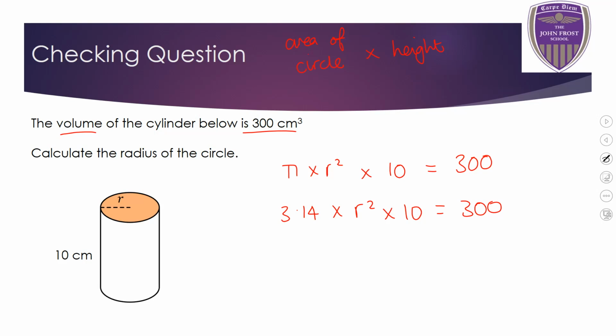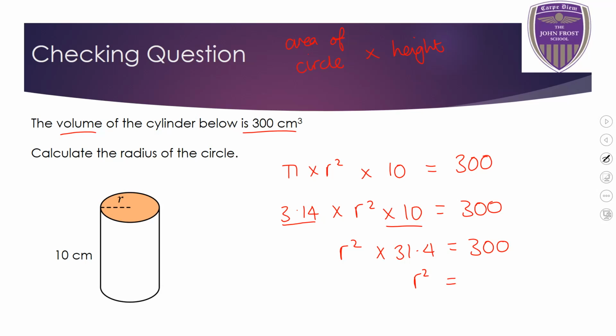So make this a little bit easier now. This is r squared, and 3.14 times 10 is 31.4. So r squared times 31.4 equals 300. We're going to work backwards from there to work out what r is. Here it says times 31.4, so we're going to do the opposite. We're going to divide by 31.4.